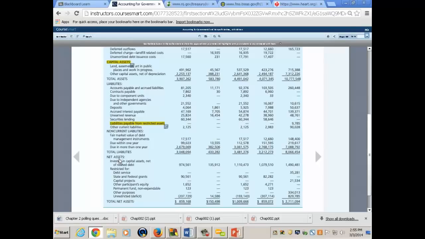Assets minus liabilities equals not shareholders' equity, but what? Net assets, right? We don't call it shareholders' equity. There's no shareholders in government, right? So we call it what? Net assets that belong to the government. And net assets are further broken down into amounts that are invested in capital assets, restricted, and unrestricted.